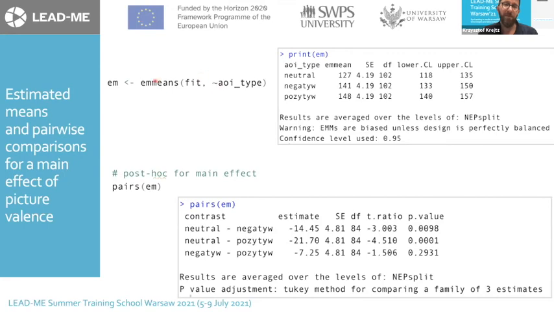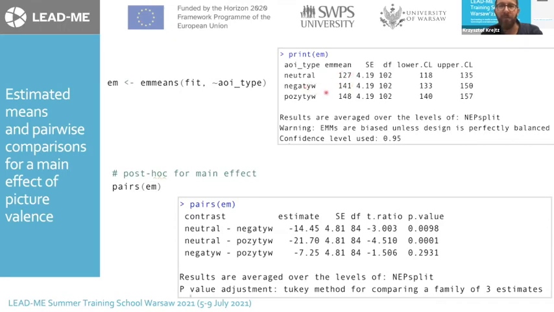When I print the EM object, I receive a table which says that neutral, which we set as reference, so that's why it's displayed first here, neutral pictures on average had a fixation duration of 127 milliseconds.